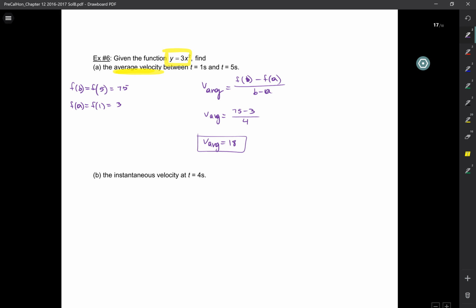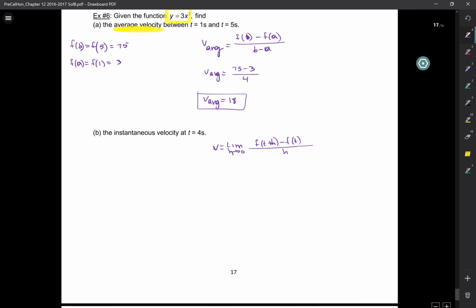Now it says to find the instantaneous velocity. For the instantaneous velocity, I need the limit as h approaches 0 of f of t plus h minus f of t all over h. Okay? So now, f of t plus h here is 3 times t plus h squared. And bear with me here as I just do that mentally. So it's 3 times t plus h squared.